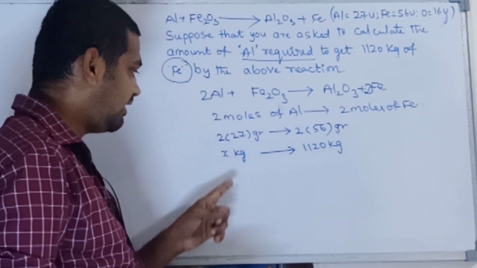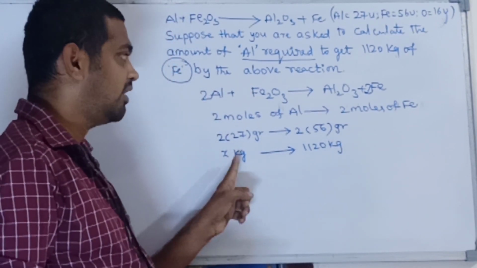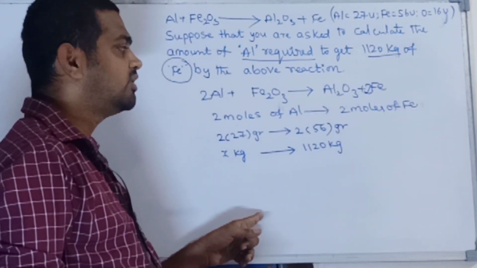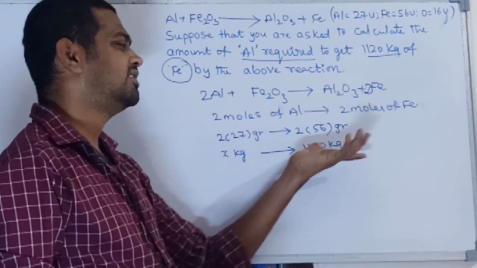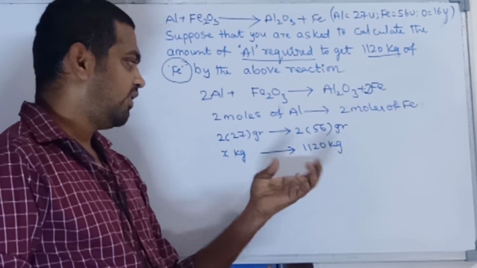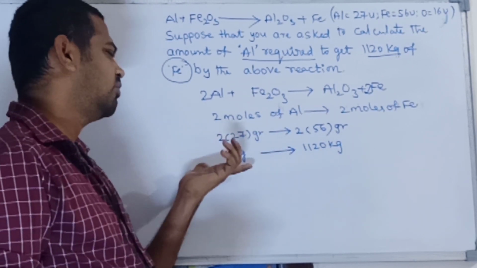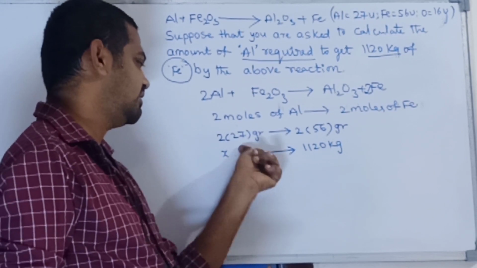Listen children, here I took the term kg. Why? Because in the question he had given 1120 kg. No need to convert these kgs into grams. Whenever you do cross multiplication, all the things are going to get cancelled, and moreover you will get x in terms of kgs only.